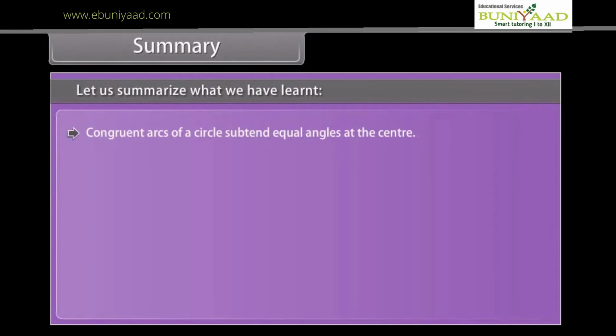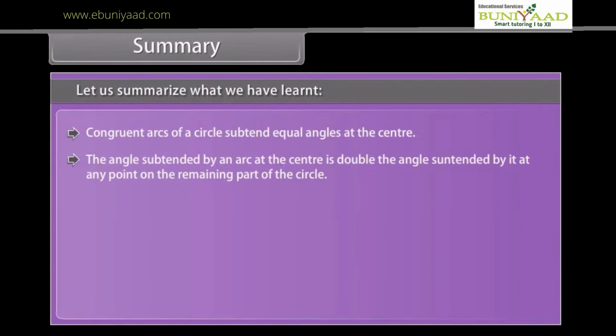Congruent arcs of a circle subtend equal angles at the center. The angle subtended by an arc at the center is double the angle subtended by it at any point on the remaining part of the circle.